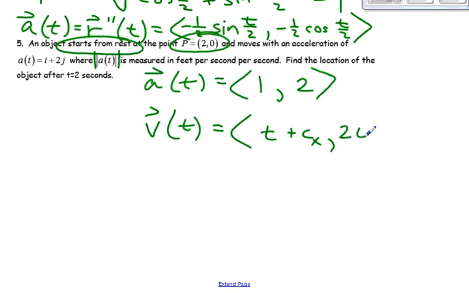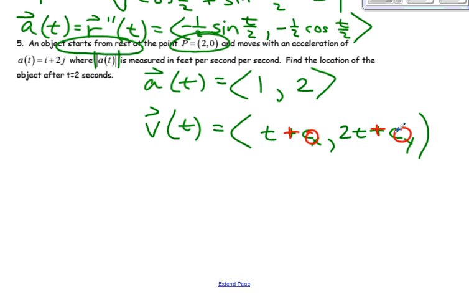And then you would have 2t plus the c in the y direction, because of the x component and the y component. Now, that c is the initial value. And we already said that the object starts from rest. So since your initial velocity starts from rest, those would both be 0. But it's important to know that because it might not have started at rest. Okay, so that's just t and 2t.